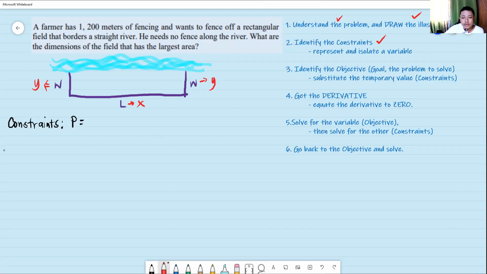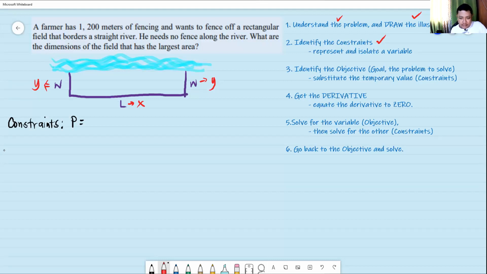Very good. One of your classmates used 2x and 2y. Will we use 2x? How many x do you have in your figure? Wala ka naman dito. Bawal kang maglagay dito kasi wala dapat doon. Kakainin lang ng river yon. Magsasayang ka lang ng pera doon. What do you think will it be? Okay. Chance already gave the complete constraints formula given the value of the perimeter, which is 1,200. Very good. Chance is correct.